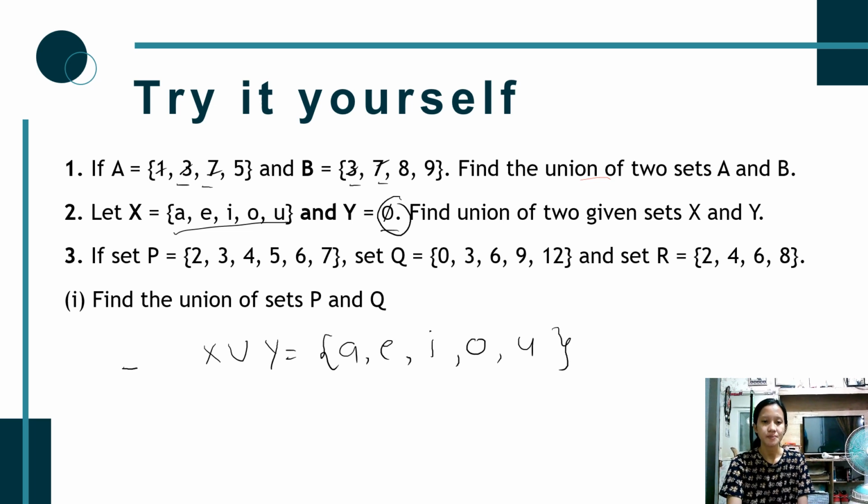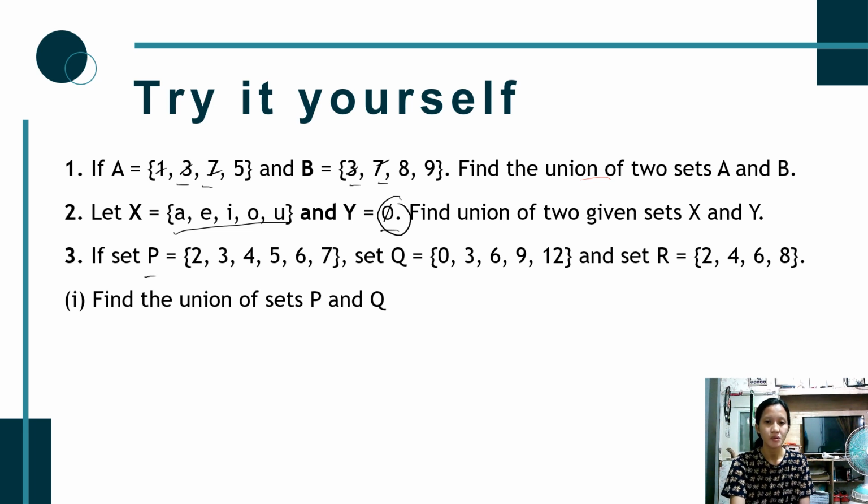For number 3, set P is equal to 3, 4, 5, 6, and 7, set Q is 0, 3, 6, 9, and 12, and set R is 2, 4, 6, and 8. Find the union of sets P and Q. The first thing to do is to identify sets P and Q only.